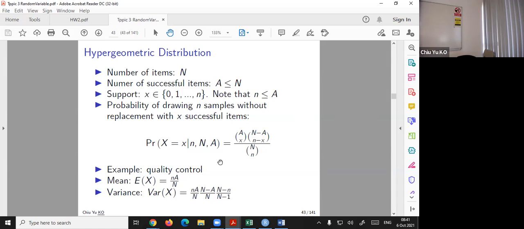And this last term, which is less than 1, is what we call the finite sample correction. It means that when you have a finite number of samples, the variance will be smaller.